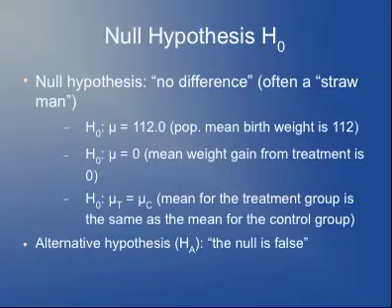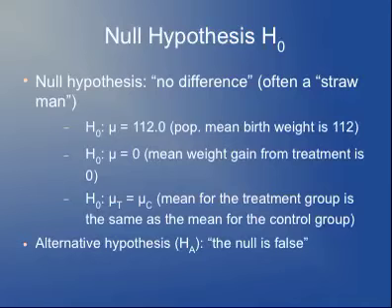Then we can have mu equal to 0, so the mean weight gain from a treatment is 0. We can have mu t equal to mu c, so the mean from a treatment group is the mean from a control group. So these are just specific examples of different hypotheses you can test.